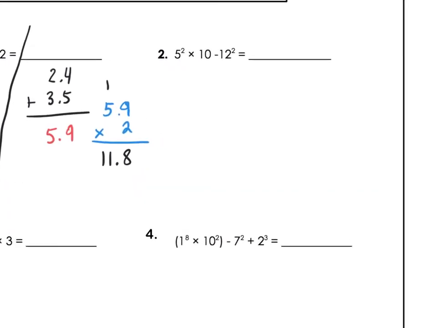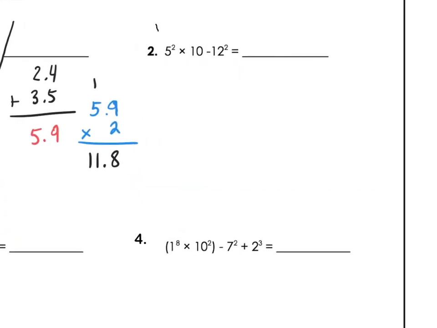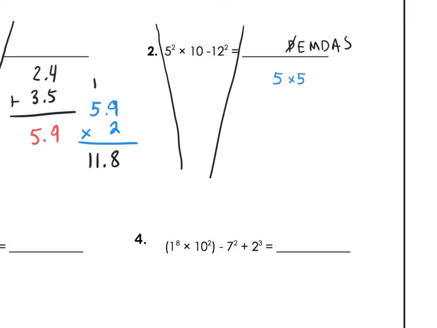Okay, let's go on and try the second one here. So again, I'm going to draw my cone. I'm going to write down my PEMDAS. And I don't have parentheses, so now I'm going to do my exponent. 5 to the second. What is 5 to the second? 5 to the second is 25. And I'm also going to do my second one there. 12 to the second is 12 times 12. That's a big one. 144.